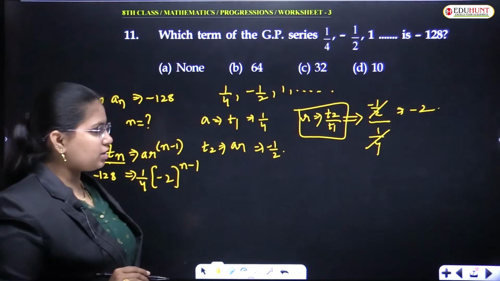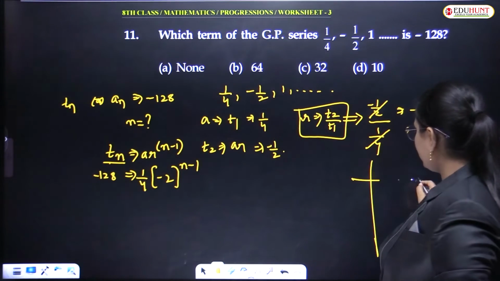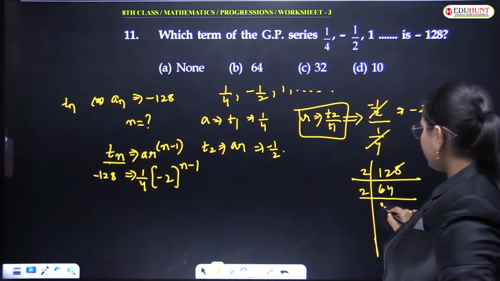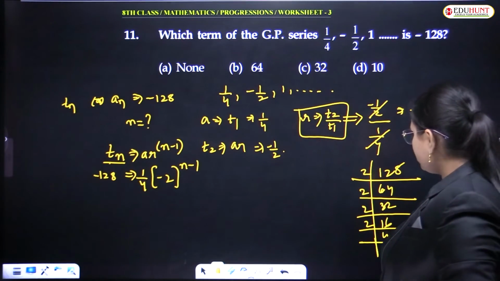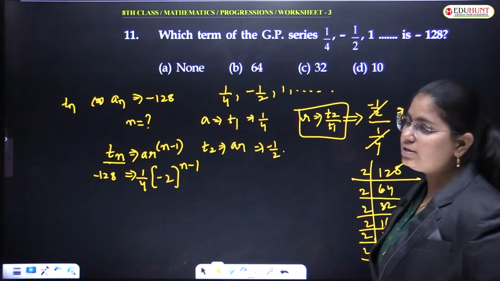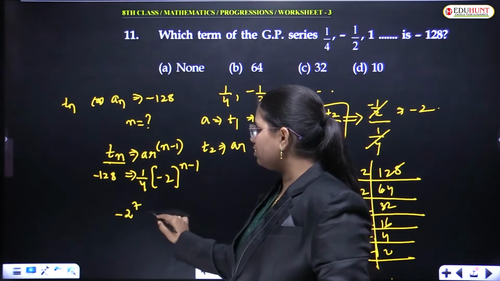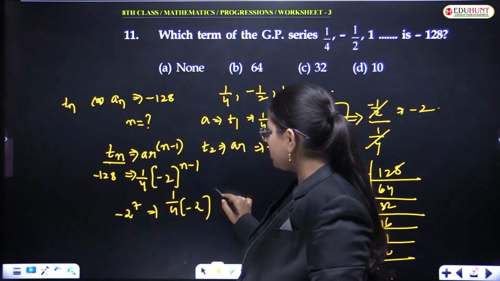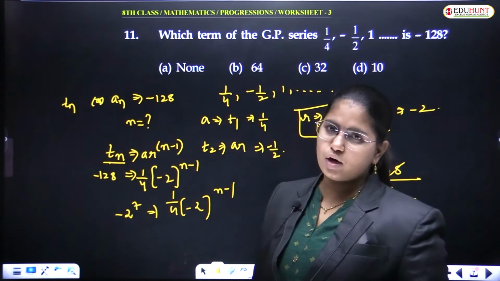What is the prime factorization of 128? 2 times 64, 2 times 32, then 16, 4, 2, 1. So 2 power 7 is 128. Minus 2 power 7 is equal to 1 by 4 into minus 2 whole power n minus 1. Transpose this 4 to that side, what will it become?